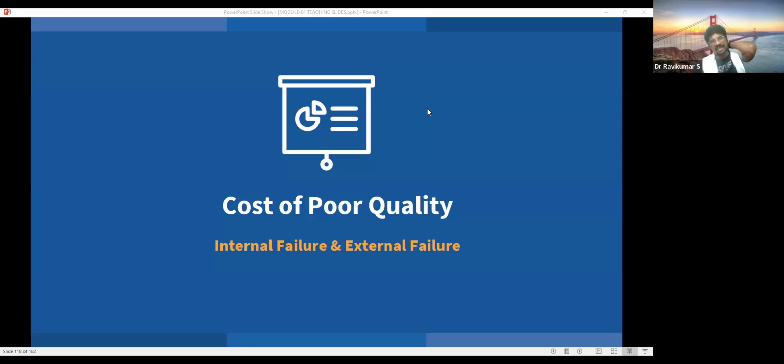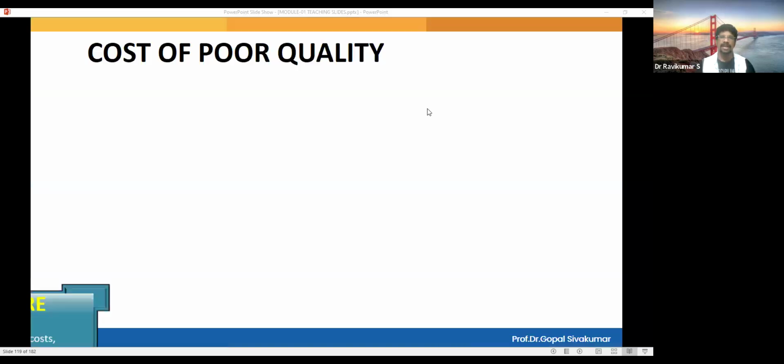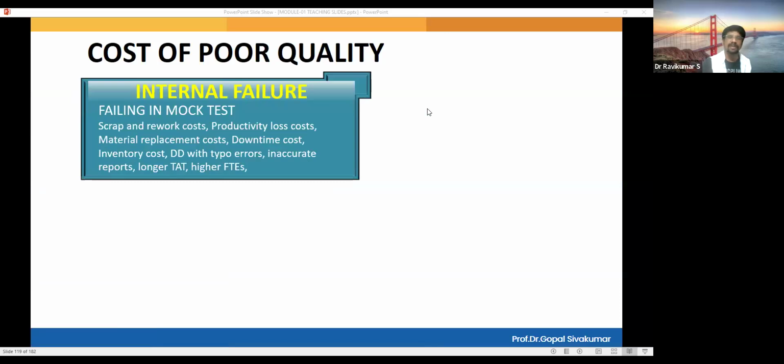That is a defect, a problem, an error that has been identified internally by the quality team or by the production team or any relevant teams. If they find that a particular product or service is defective and scrap it or send it for rework, then obviously that is internal failure.